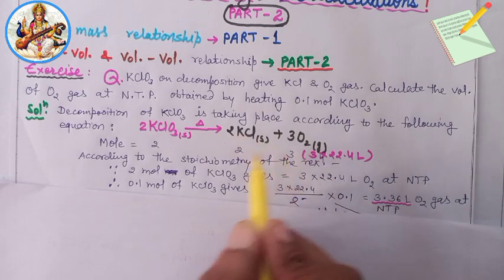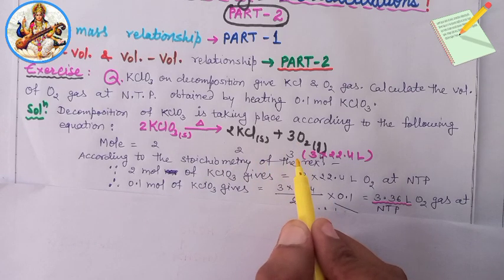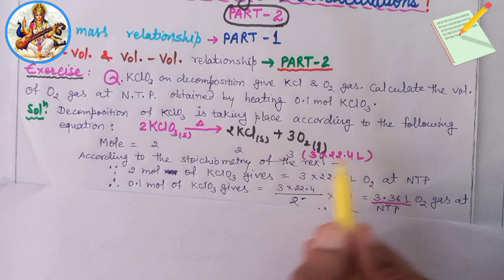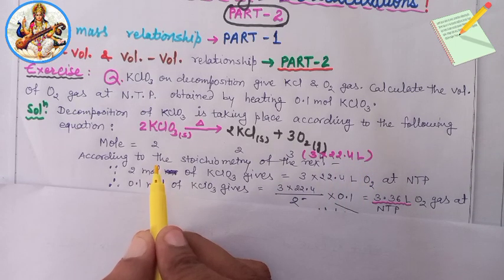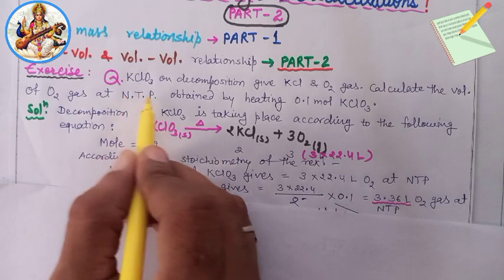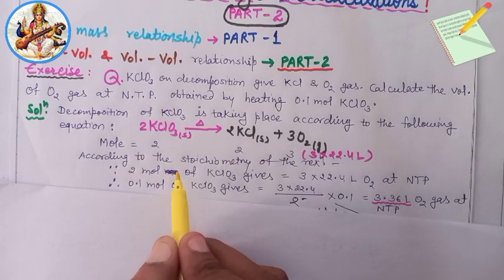Here 3 moles of oxygen means 3 into 22.4 liter. We know that the volume of 1 mole of any gas at normal temperature and pressure is 22.4 liter.